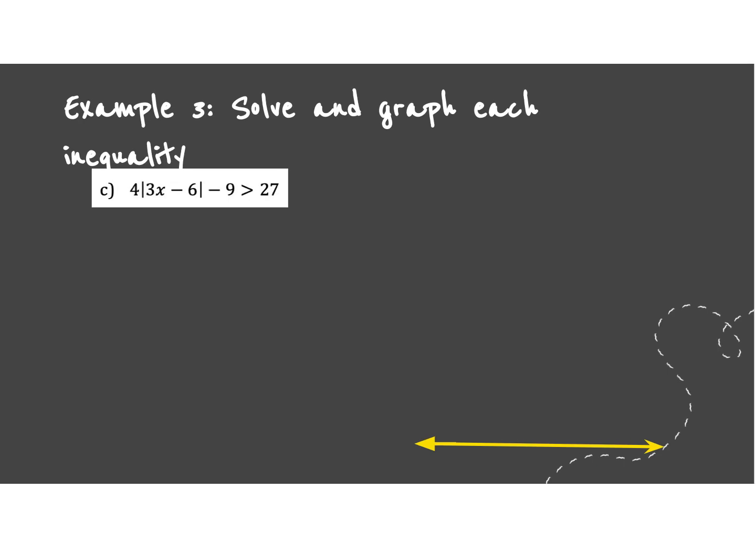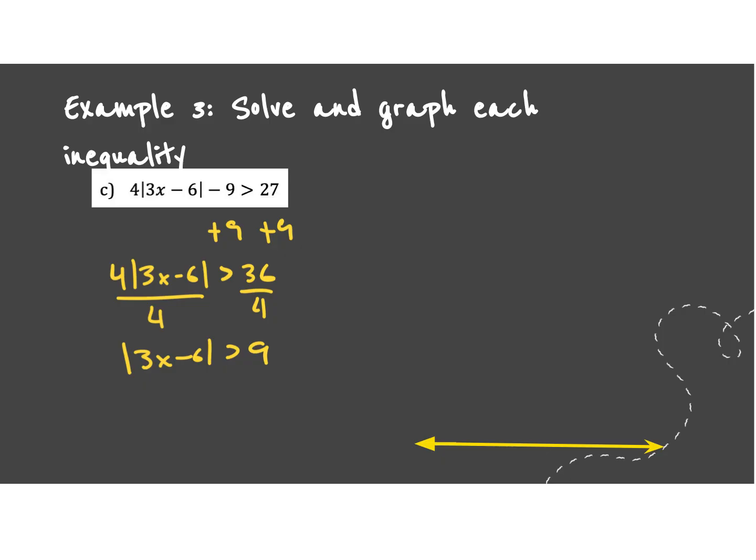This one gets a little more complicated, but that's fine. We can handle that. So I'm going to add 9, divide by 4, divide by 4. So now I'm here. If it's greater, it's going to be an or.